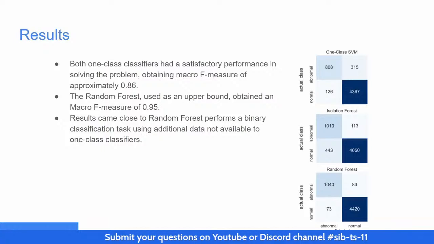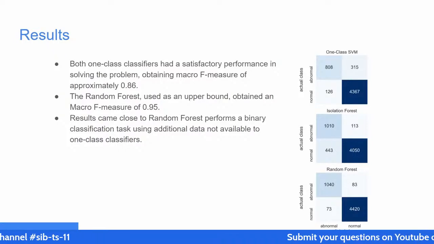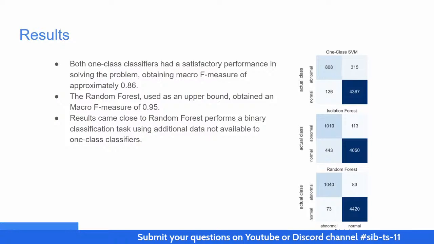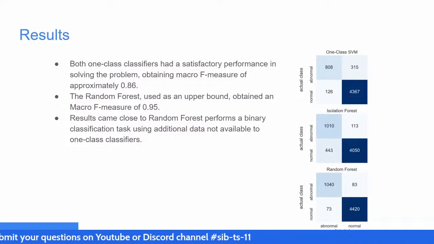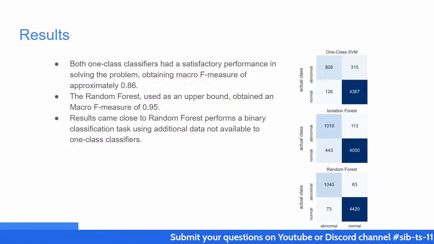Empirical evaluation showed that both one-class classifiers had a satisfactory performance in solving the problem, obtaining a macro F measure of approximately 0.86. Even though both one-class classifiers have similar overall performances, the ability of the isolation forest to detect more anomalies than the one-class SVM makes the former method more appropriate for our application.